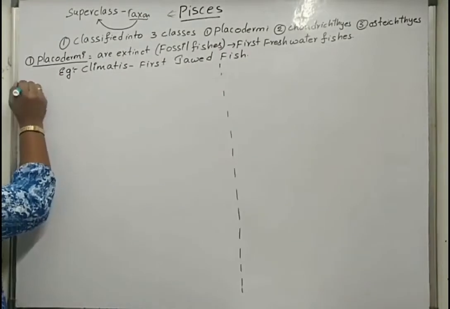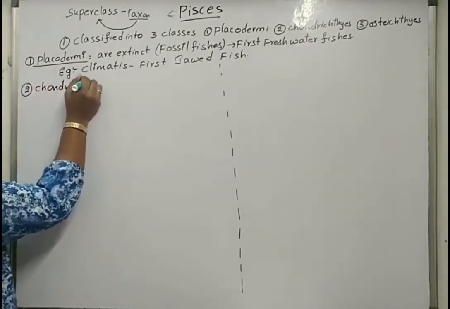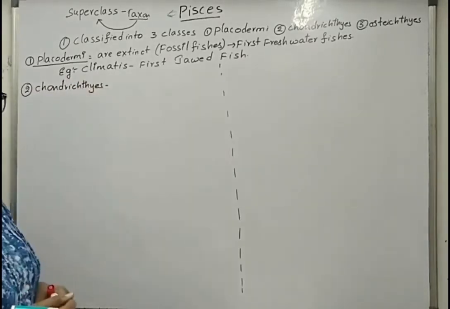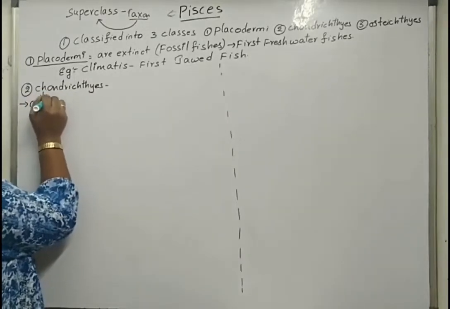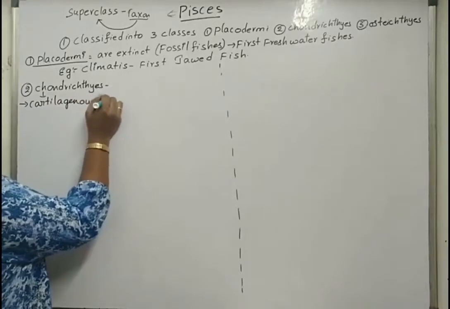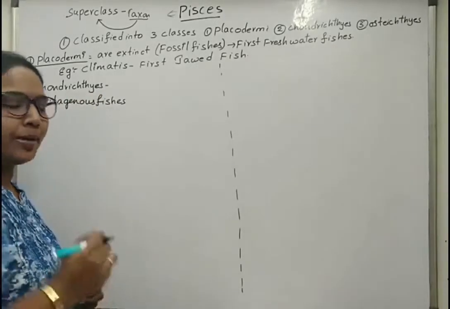Next class is Chondrichthyes. Chondrichthyes are cartilaginous fishes. These are also called elasmobranchi.